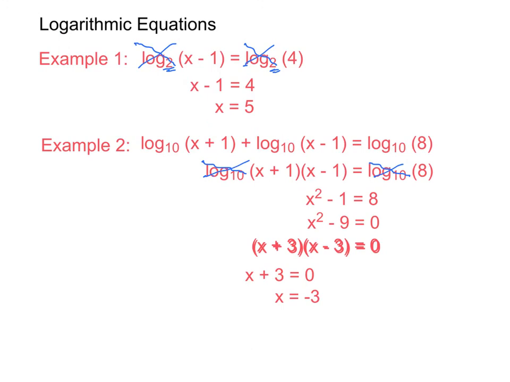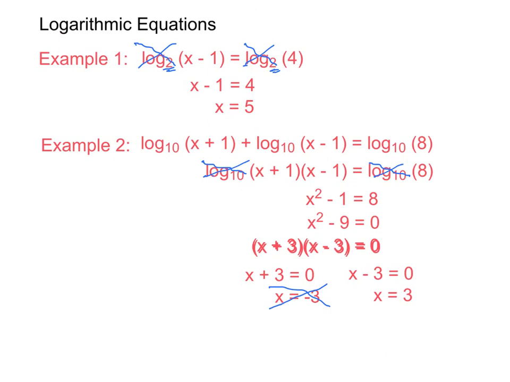Well, if x equals minus 3, you're going to have minus 3 plus 1, which is minus 2, and you're going to have the log of a negative number. There is no value for the log of a negative number. As a result, this answer is invalid. So x cannot equal minus 3. So we'll just ignore this and we'll move on to the next factor.